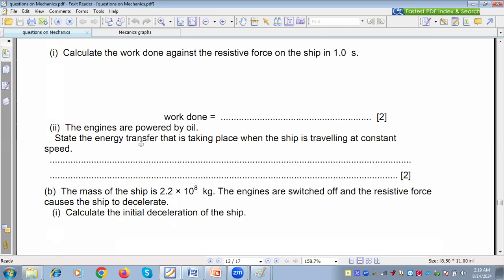Engines are powered by oil. State the energy changes when the ship is traveling at a constant speed. Okay, so it means the chemical potential energy of the petrol is providing the energy to the forward force, like kinetic energy, but the speed is not increasing. It means there is some opposing force acting, that is resistive forces.